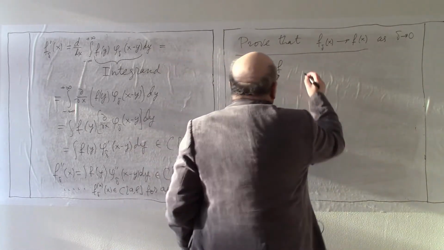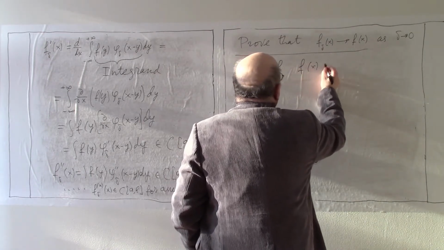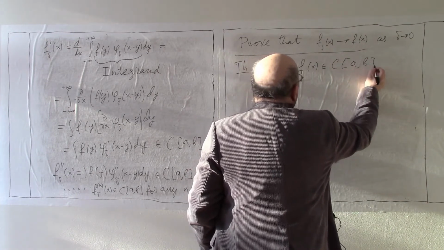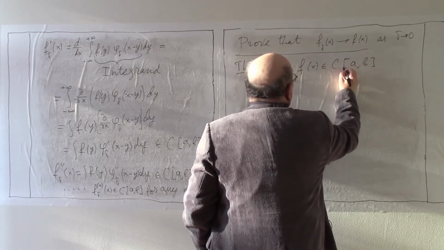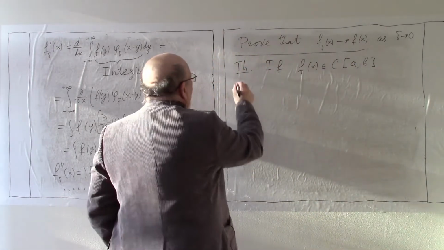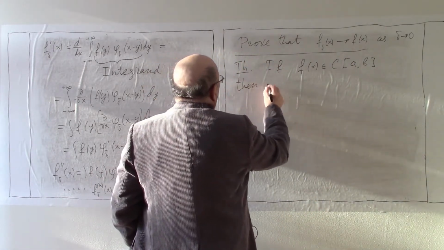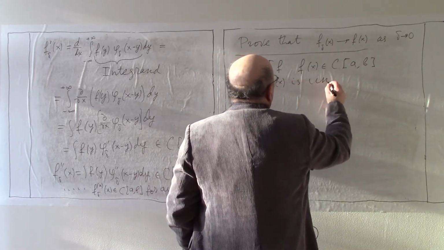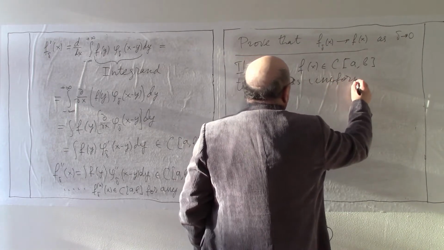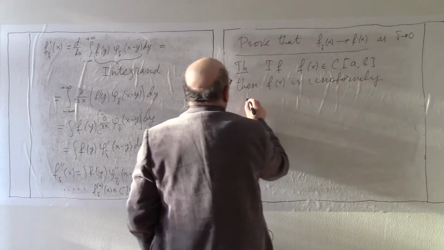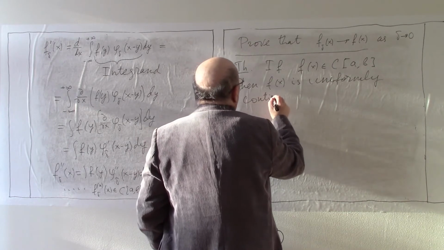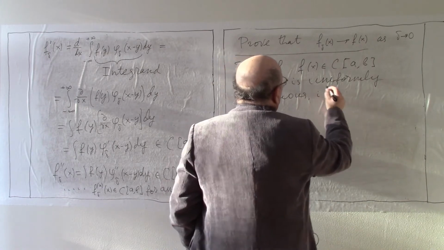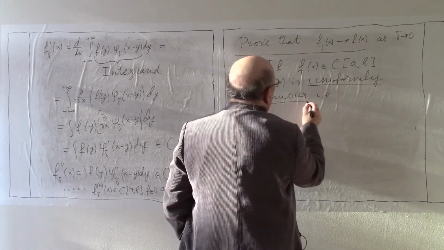If f of x is a continuous function on the closed segment AB, then f of x is uniformly continuous. Uniformly continuous. What does it mean?